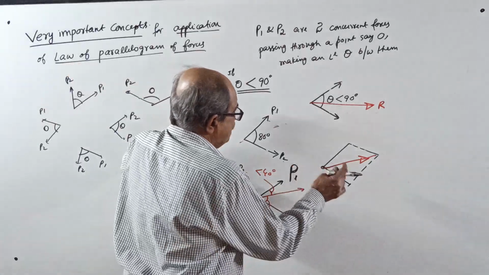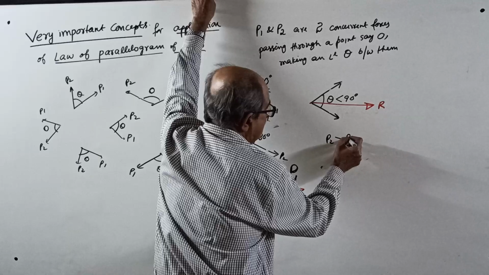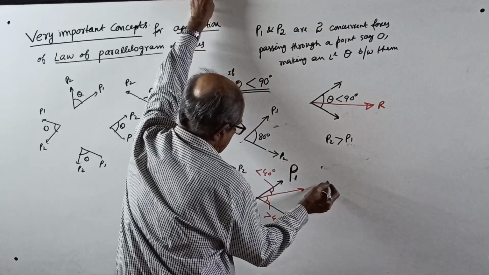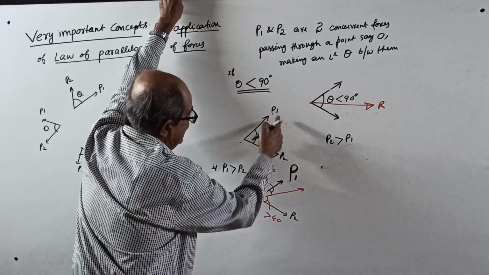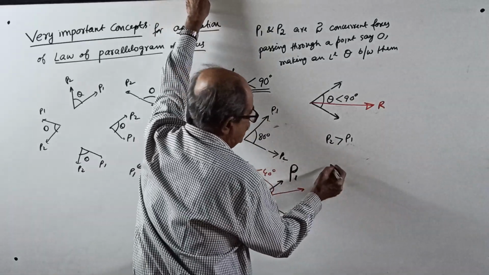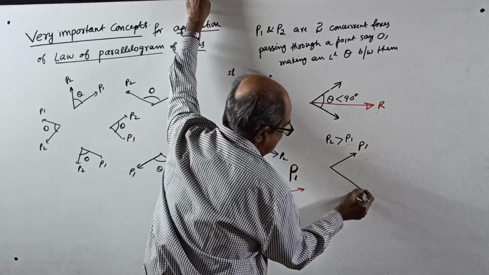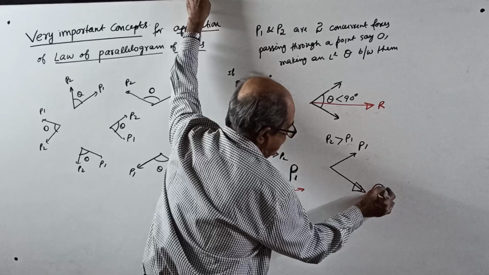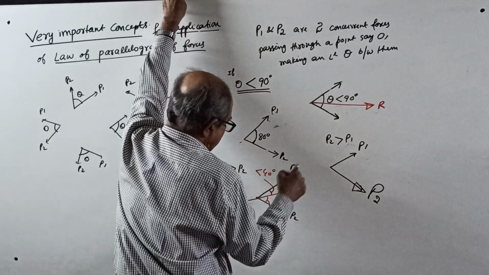Or suppose P2 is more than P1. You should write everything. P1 here, P2 here, P2 bigger. The angle is the same, 80 degrees.